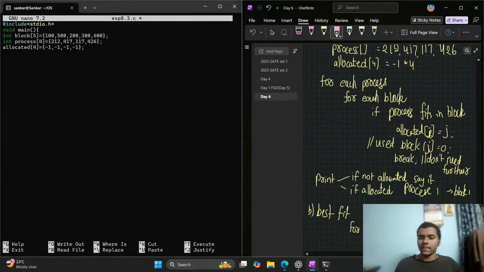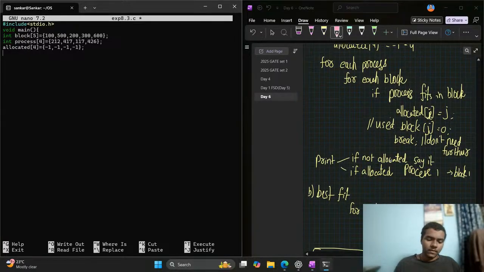And now what? We will iterate through each process and we will go through each block.